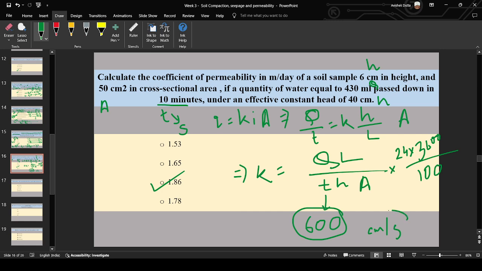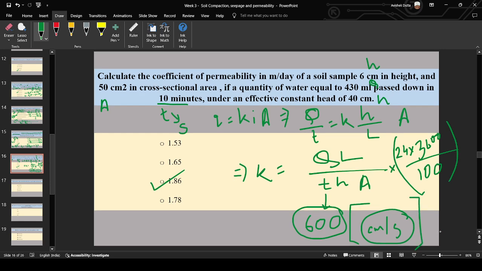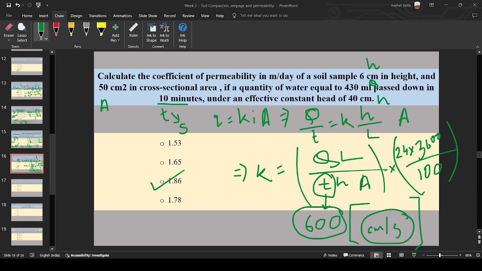Then from centimeter per second you can convert the same to meter per day, because centimeter per second is the easy and feasible unit to find from this question. So first of all use t as 600 seconds, and then convert this whole thing into meter per day. Okay.